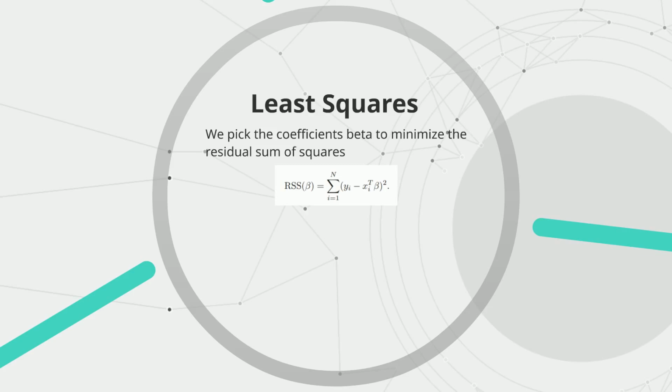The solution is easiest to characterize again in matrix notation. So let's go over that really quickly. If you're not that familiar with linear algebra, we're not going to spend too much time on this, but we want to look at the results of what this gives us. So here, x in these equations is an n by p matrix with each row an input vector, and then y is an n-vector of the outputs in the training set.